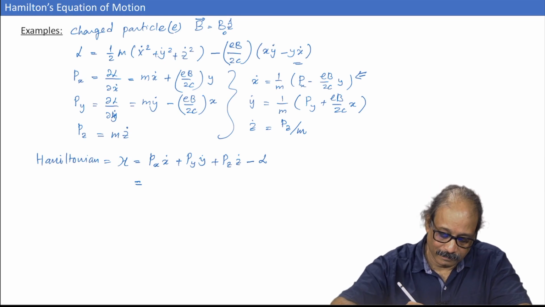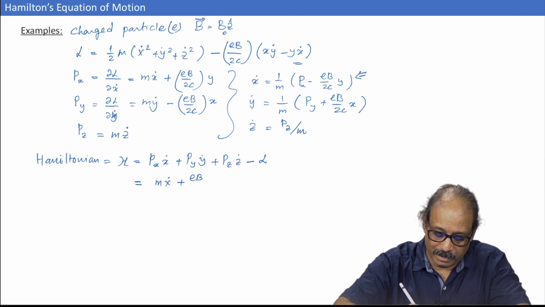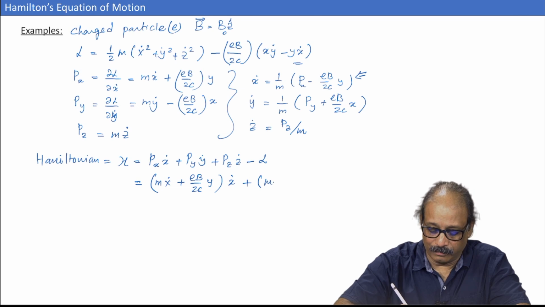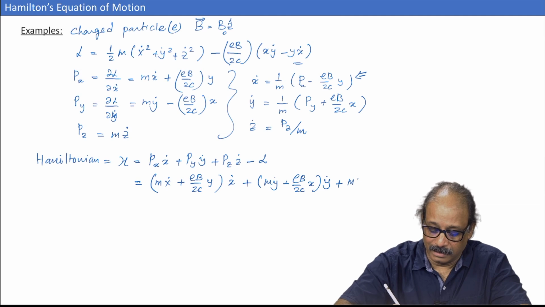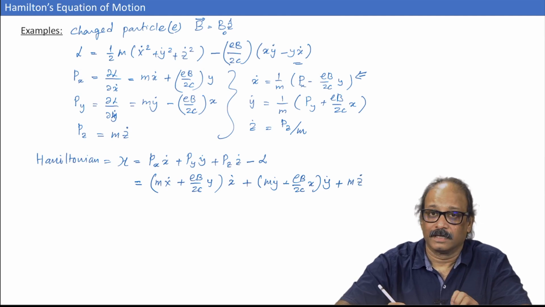So, this will be equal to (m x dot plus EB by 2c times y) that is your Px, into x dot, plus Py, which is nothing but (m y dot minus EB by 2c times x), into y dot, plus Pz, which is nothing but m z dot, into another z dot.